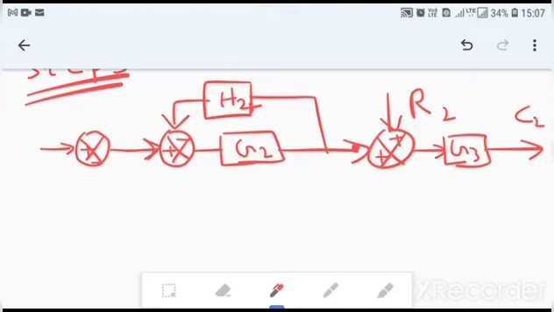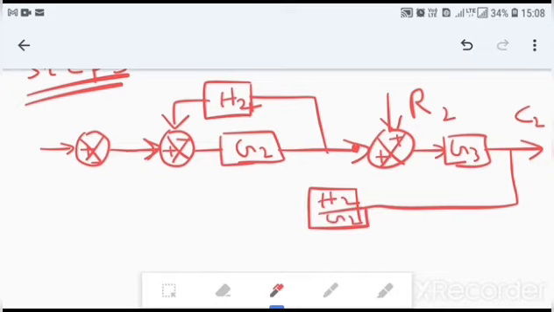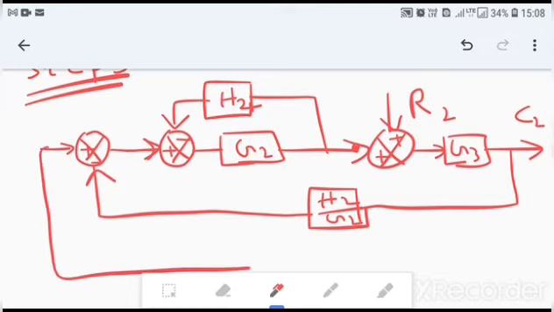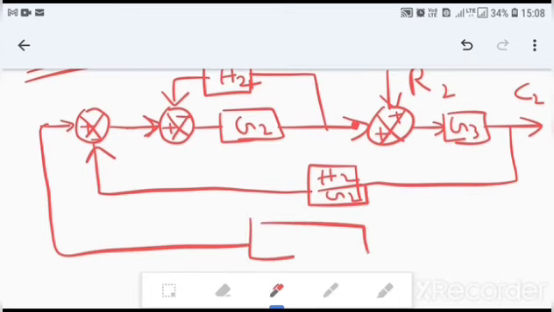And here we have the feedback H2 by G2, which is connected to the summing point 1. Now here we have the feedback with this minus G1 H1.